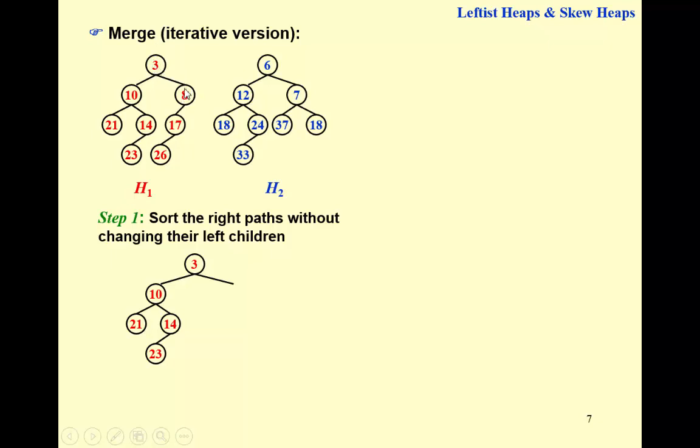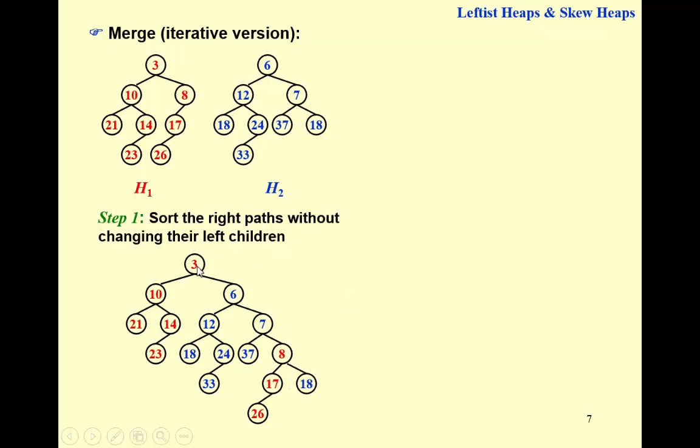So the first pointer points to 8 here, and then we begin to compare these two keys and realize that 6 is smaller, and therefore we keep 6. Next, we're supposed to compare 7 and 8. 7 is smaller, so here is 7. And next is going to be comparing 8 and 18, so here is 8. All right, and finally, we attach 18 as the last node along its right path.